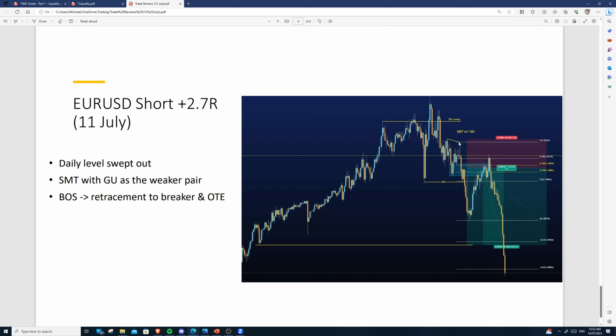If you draw a Fibonacci retracement from the swing high to the swing low, you can see that it created the OTE entry zone, which is 61.8 to 79%, and that coincided with the breaker block. So that goes back to my previous discussion about knowing which PD array to use. Here, multiple confluences: breaker block, OTE zone, and fair value gap just a little bit above.